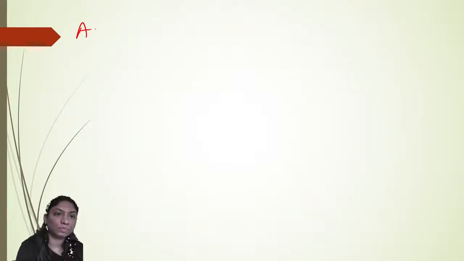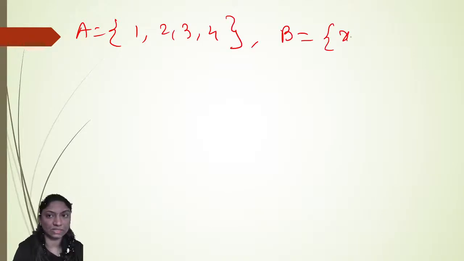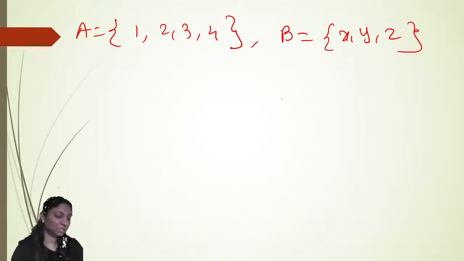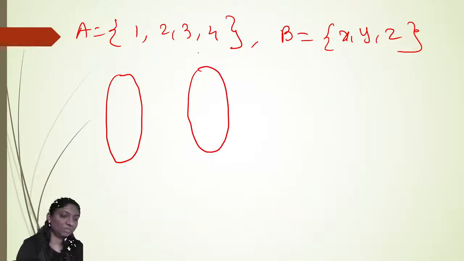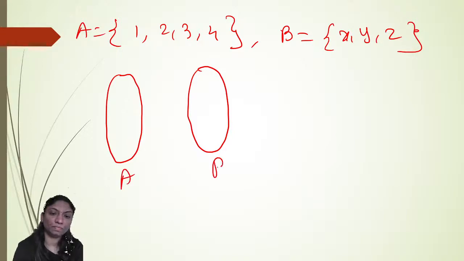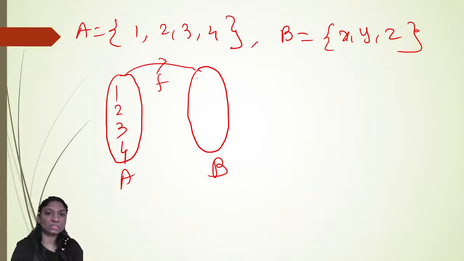Suppose A is equal to {1, 2, 3, 4} and B is equal to {x, y, z}. Then f is defined from A to B. Here 1, 2, 3, 4 and x, y, z.